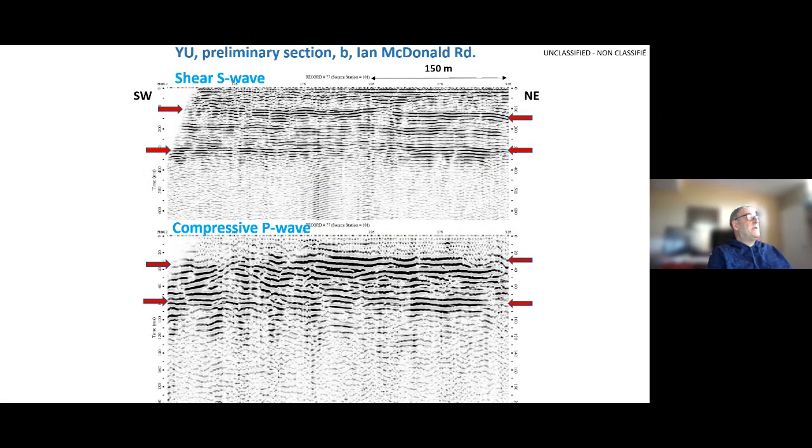We see here a small portion of a section where you have the shear wave on top with a very high resolution and the compressional P wave on the bottom. So we see here that the very near surface is well mapped with the shear wave and not that well with the P wave.